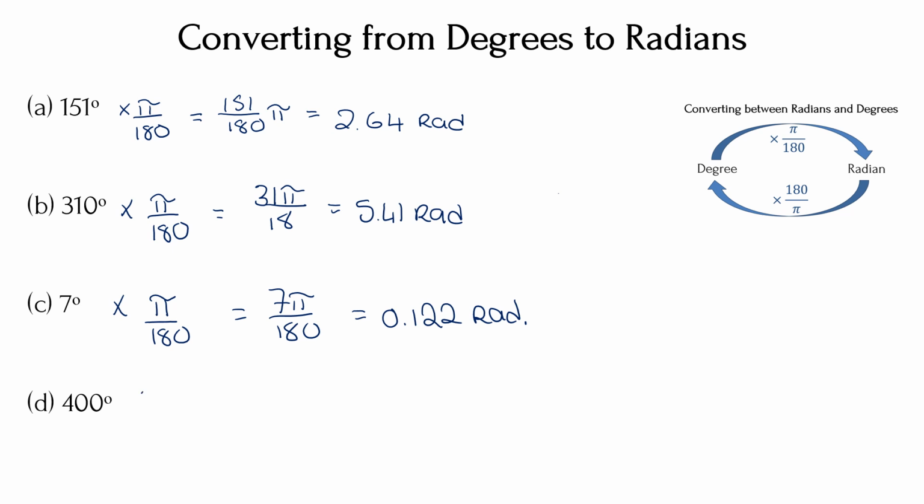And our last one is multiplying 400 degrees by pi over 180. When we do that, we end up with 20 pi over 9. If we convert that, we get 6.98 radians.